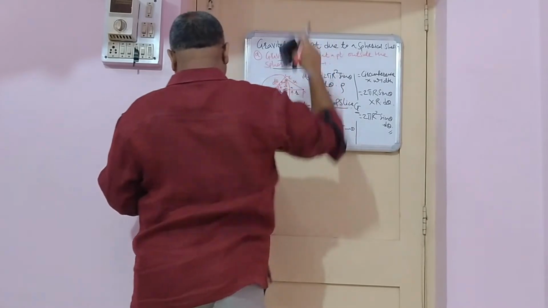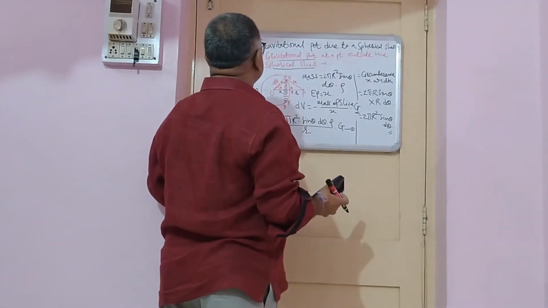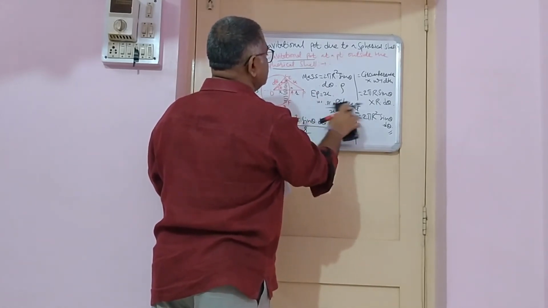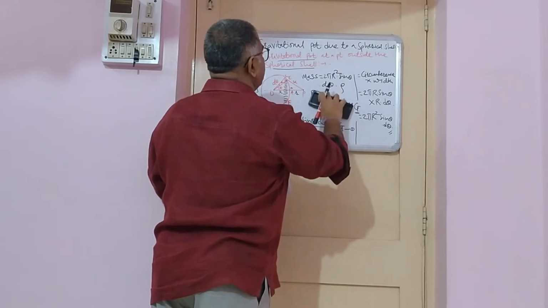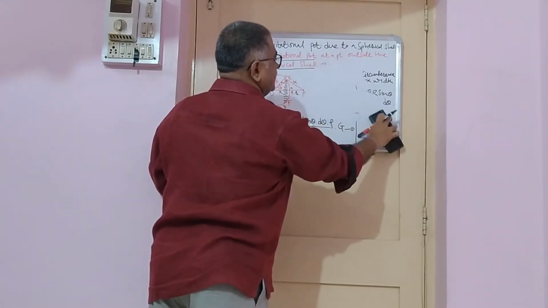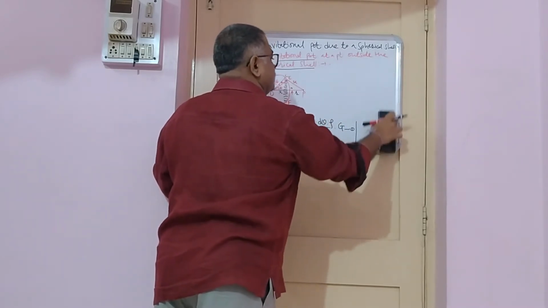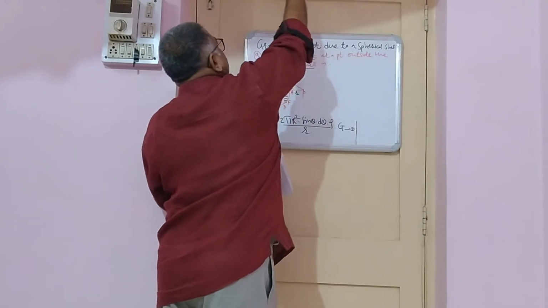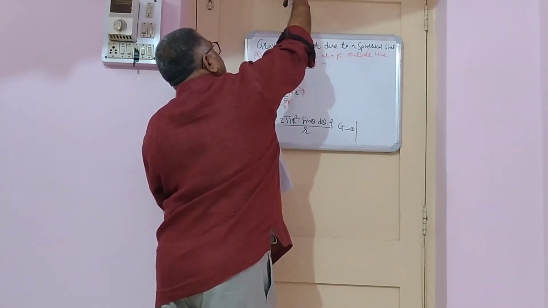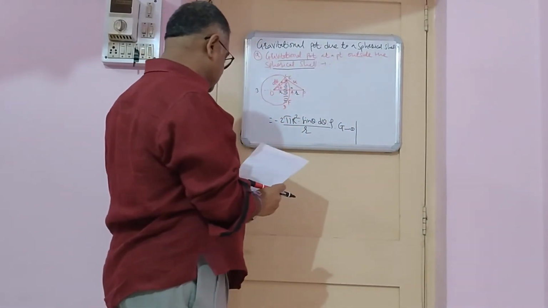See now, in triangle OEP, we have to consider the OEP triangle and see what geometry gives us for the required gravitational potential for the point which is located outside of the spherical shell.